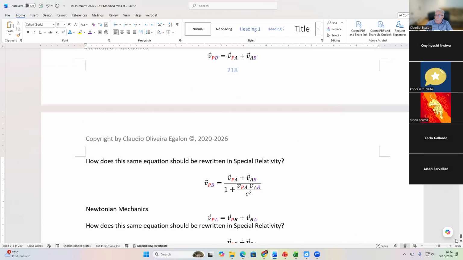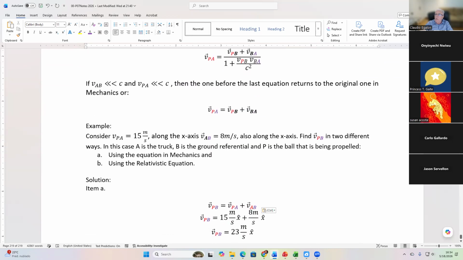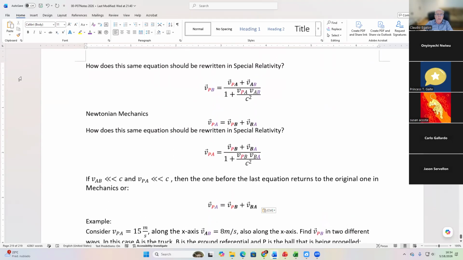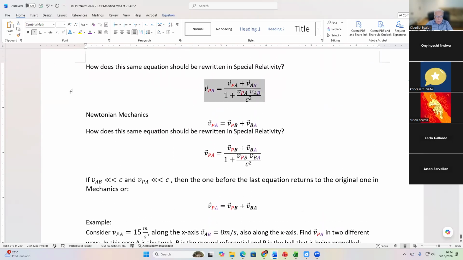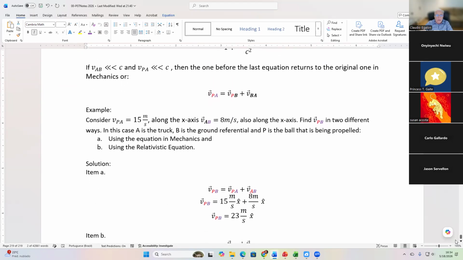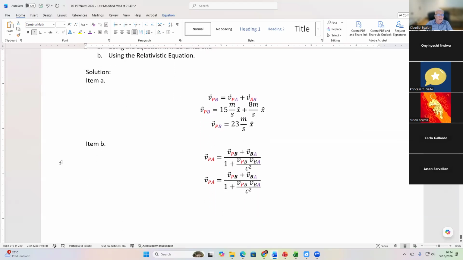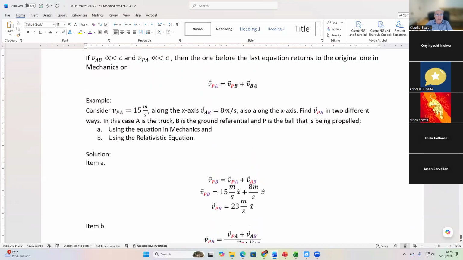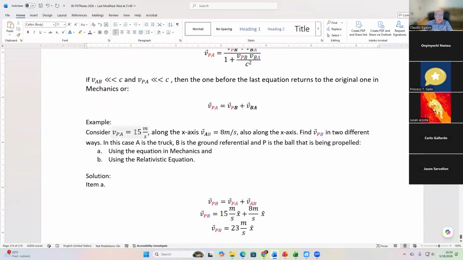So since he wants VPB, we're going to use VPB. Yeah, here you go. I don't need that down there. Okay, here you go. That's the one. VPA.